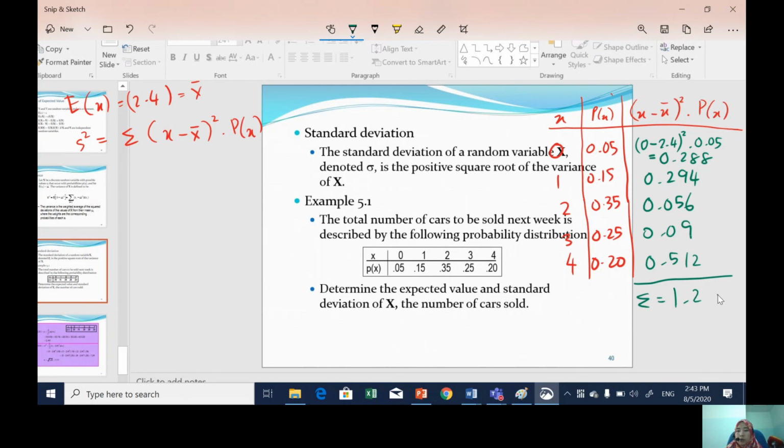The total here is 1.24. So the variance is 1.24. So the standard deviation is the square root of 1.24, which is equal to 1.114. Okay, this is when we round off, correct to 2 decimal places.